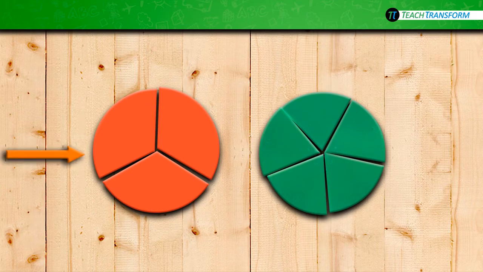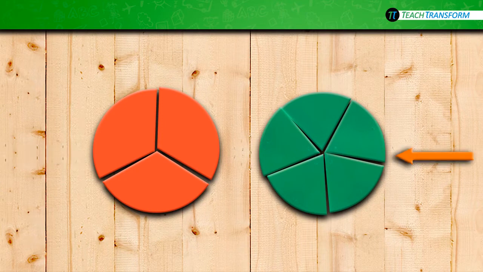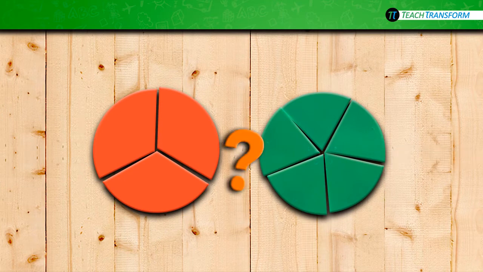So one of the circles is divided into 3 pieces, and the other is divided into 5 pieces. The wholes are the same size, but the fractional parts are different sizes. Compare the sizes of the fractional parts. Which whole has larger parts? The whole that's been divided into 3 parts, or the one that's been divided into 5 parts?